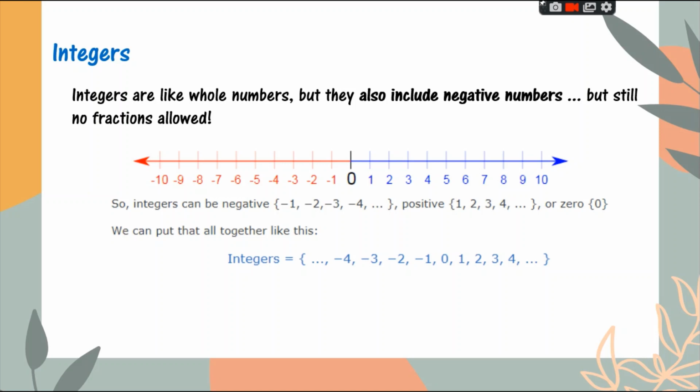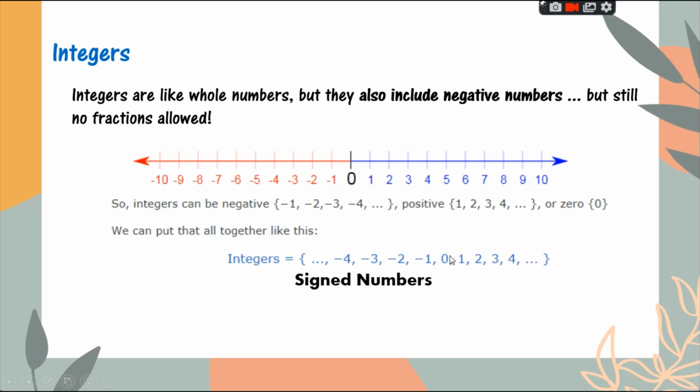We can put that all together like this. Integers can be -4, -3, -2, -1, +1, +2, +3, and +4, as signed numbers. Why are they signed numbers? Because the numbers carry a sign. For example, -4 carries a negative sign, so that makes it a negative number, and this is a signed number. We also have here +1.